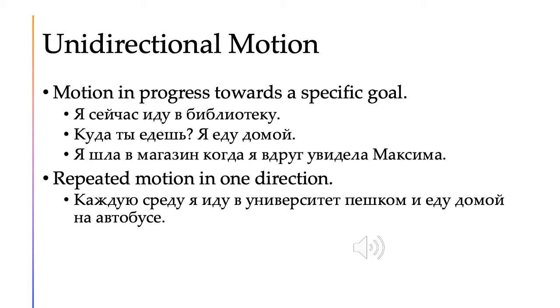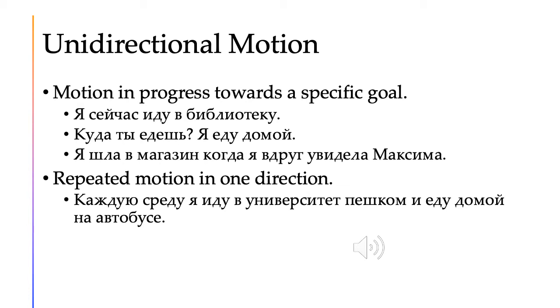What we're talking about is that at the moment when you were walking towards the store, so there was motion in progress towards a specific goal, you suddenly saw Maxime. And the suddenly seeing Maxime happened while you were engaged in unidirectional motion towards a specific goal. So that is how that works.